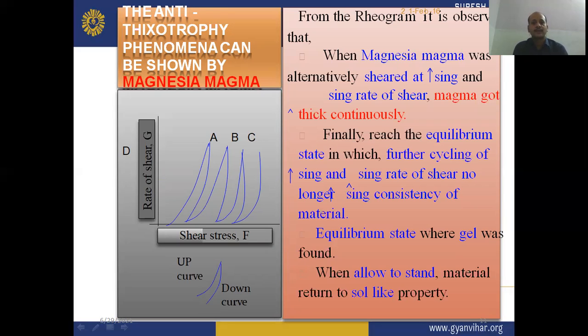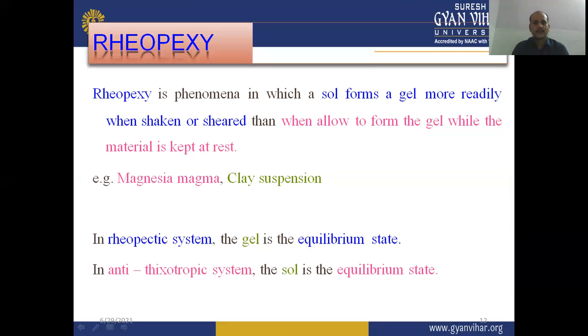The magma goes on increasing continuously and finally reaches the equilibrium state, in which further cycling of increasing and decreasing rate of shear no longer increases the consistency of the material. And when the equilibrium state where gel was found is allowed to stay, the material returns to sol-like property. So this was anti-thixotropy, denoted by the example of magnesia magma.